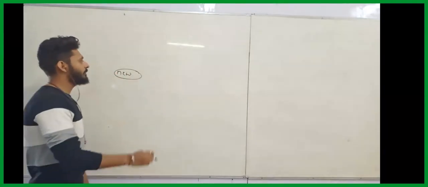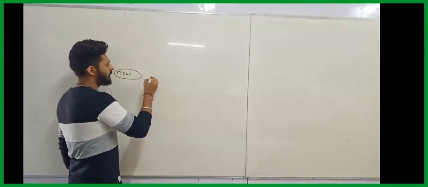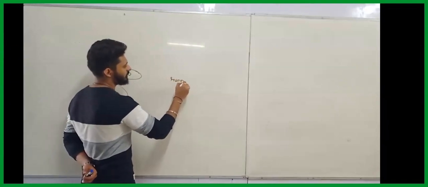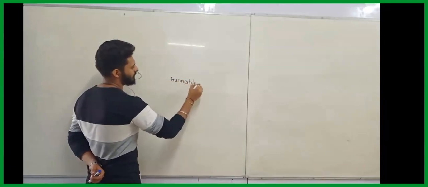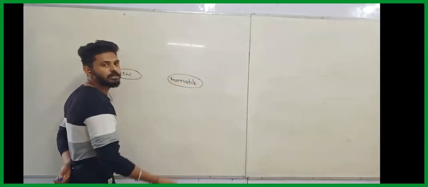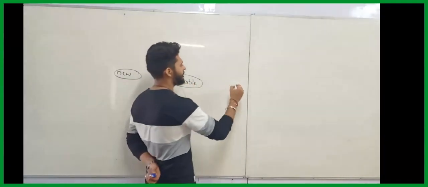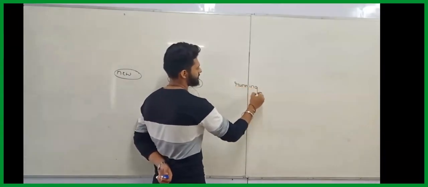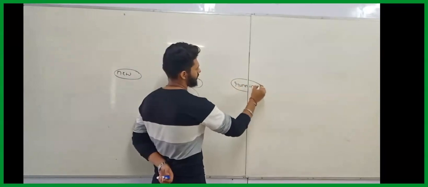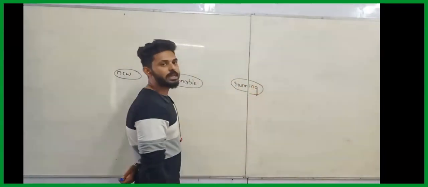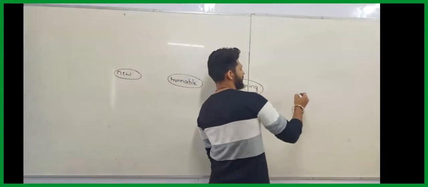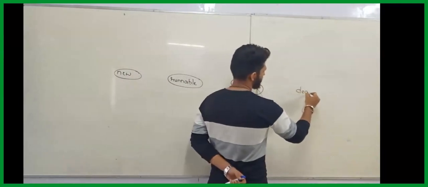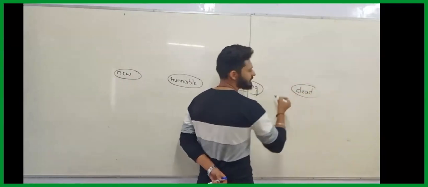Next, Runnable is one state. Next, Running is one state, and at last, which is important, the Dead state.